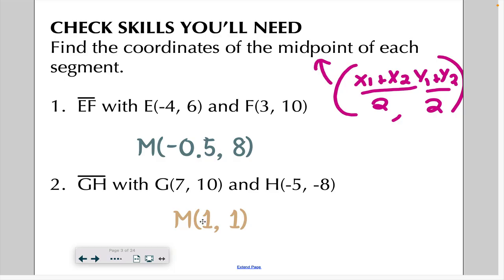So that's the square root of x minus x squared plus y minus y squared.